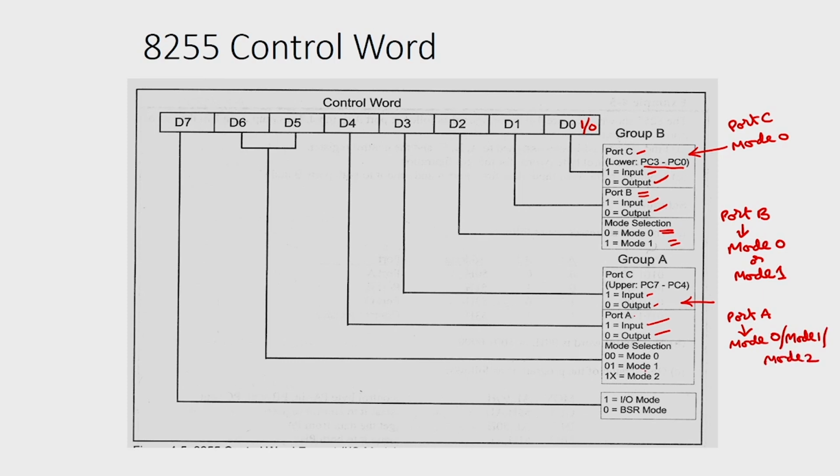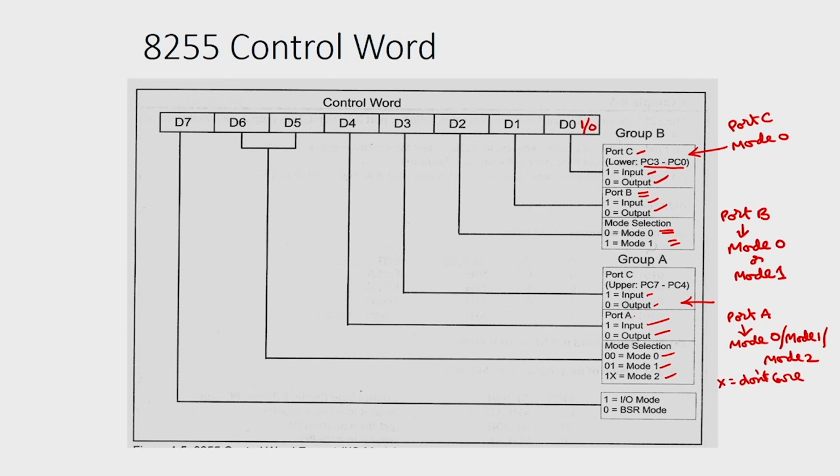That is why we require at least 2 bits to select the mode of port A. Here we use D6 and D5 for selection of the mode. 0, 0 is mode 0, 0, 1 is mode 1, and 1, 0 or 1, 1 is mode 2. 1 X means X is a don't care, which can be either 0 or 1.